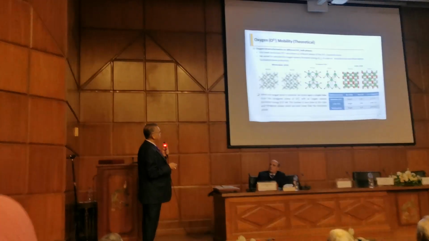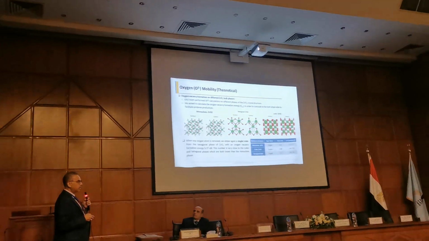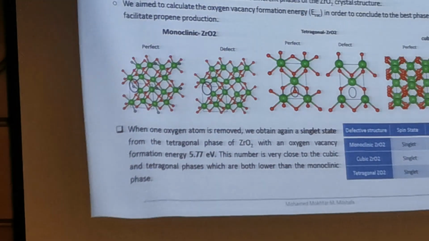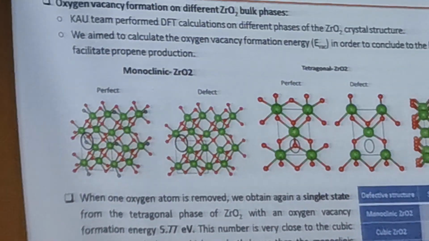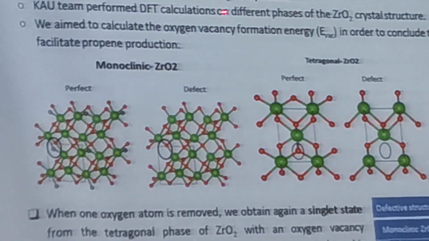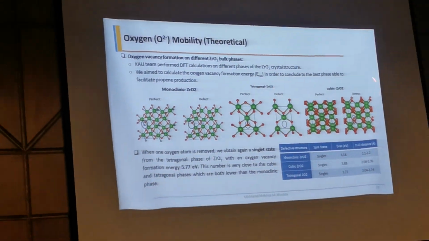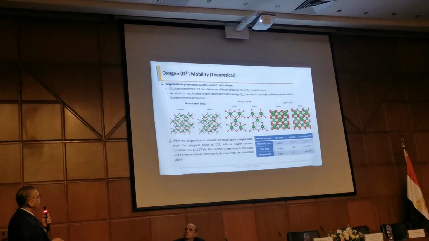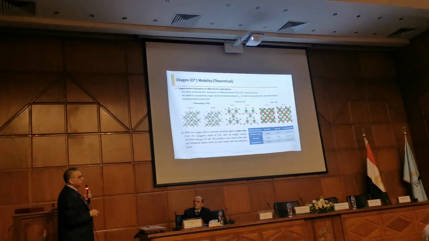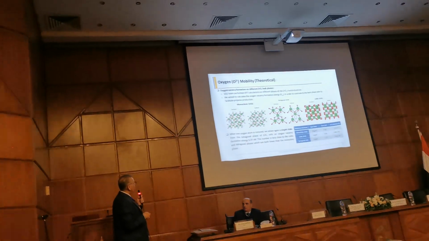We suggested the support according to the literature survey and our experience, on what will be the good support for this process. Zirconia has 3 different phases: monoclinic phase, tetragonal phase, and cubic phase. So which one could easily remove the oxygen from the lattice?